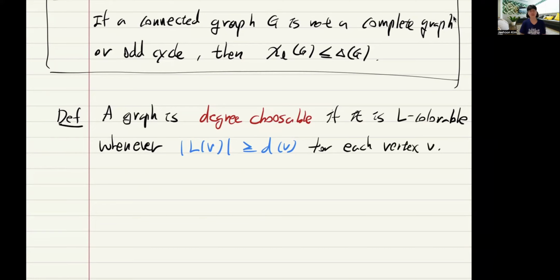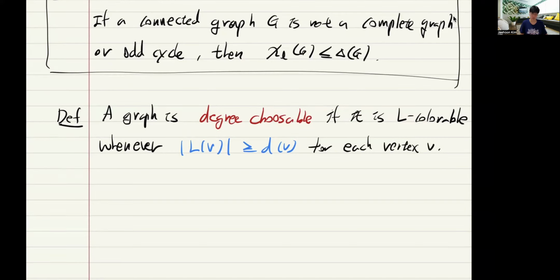One more thing about list coloring being more general than proper coloring is that for different vertices, it might have different sizes of lists. For proper coloring, every vertex has the common available colors, all the same.